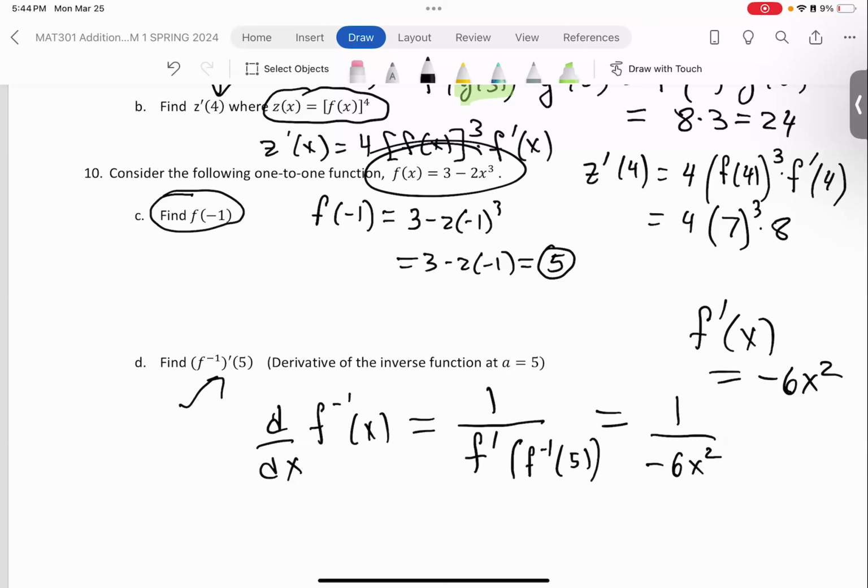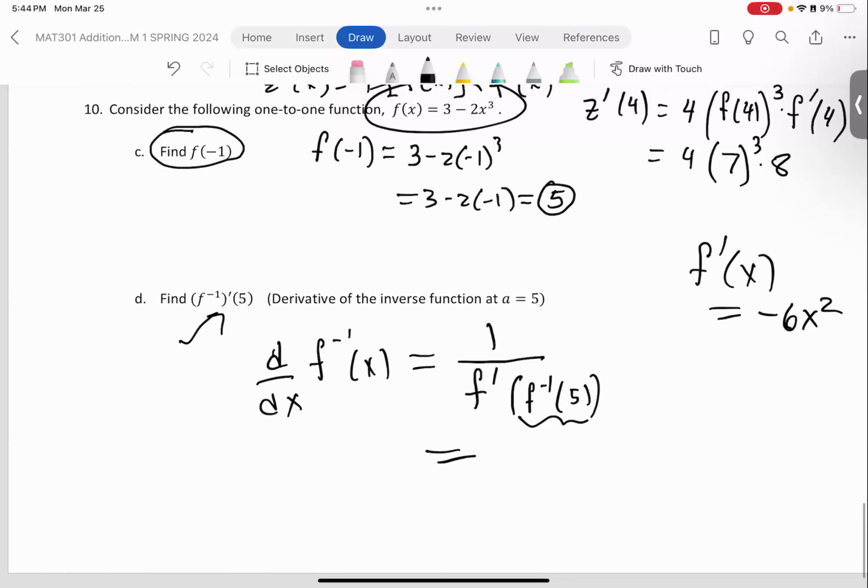All right, so writing this using a notation, you see this notation right here? You know what that means? That means the value of the inverse. So if f of -1 equals 5, that means f inverse of 5 would be equal to -1. Let me write it a little bit neater so you can understand the notation.